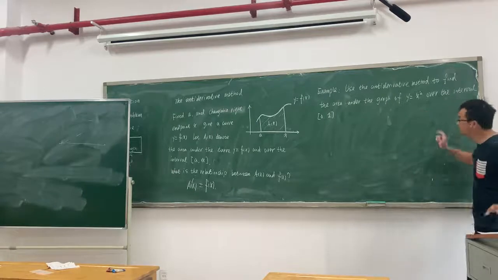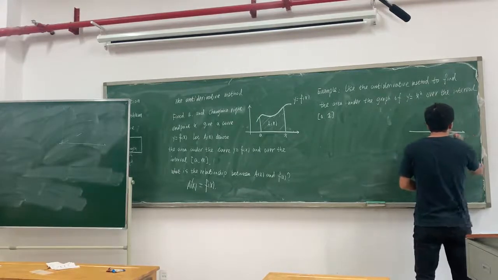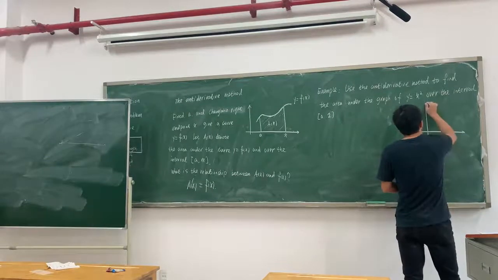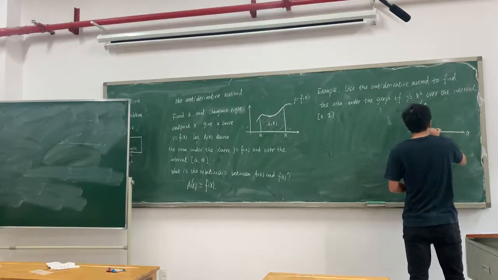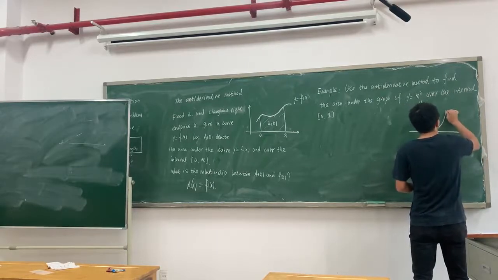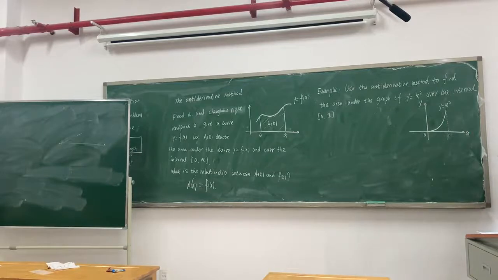So here now we can plot the graph. Here is x, here is y. Here is y equal to x squared. Here is 1, here is 0. So now we can see the area.